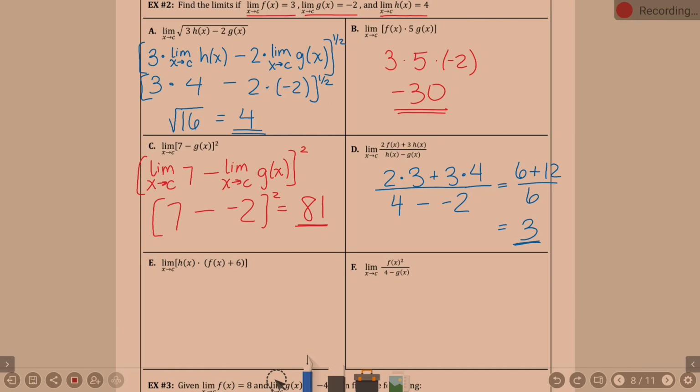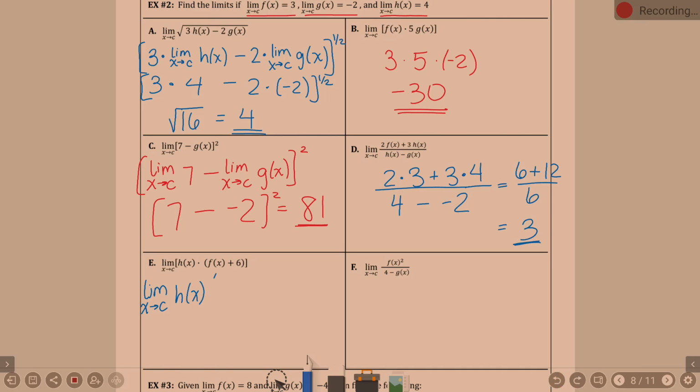Now, I am going to write the next one out a little bit. I don't know if you'd have to, but I'm going to. The limit as x approaches c of h of x, and then notice it's times f of x plus 6. So I'm going to put a big parenthesis there.